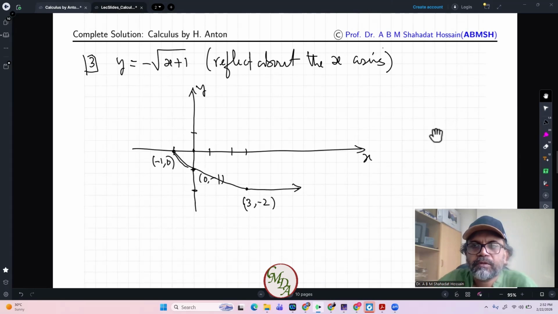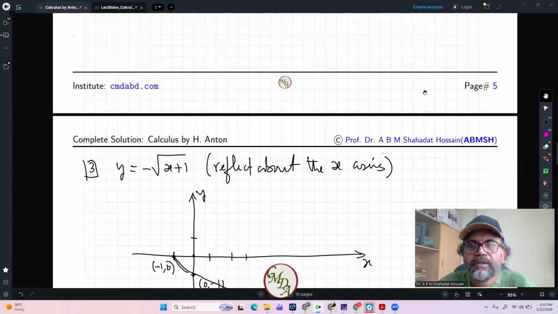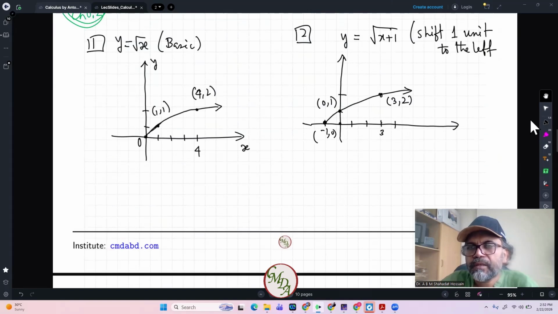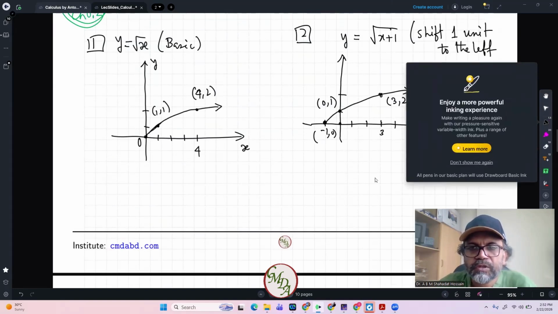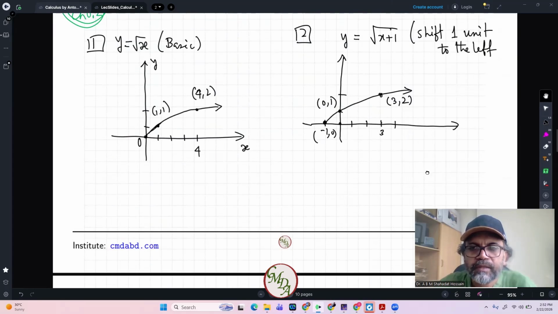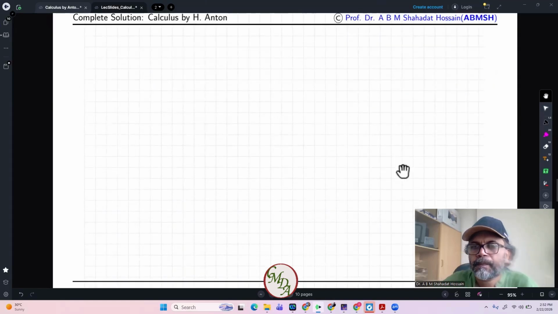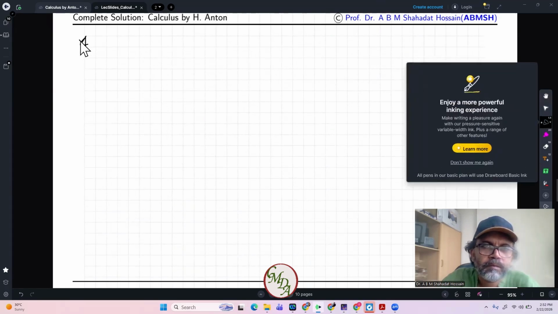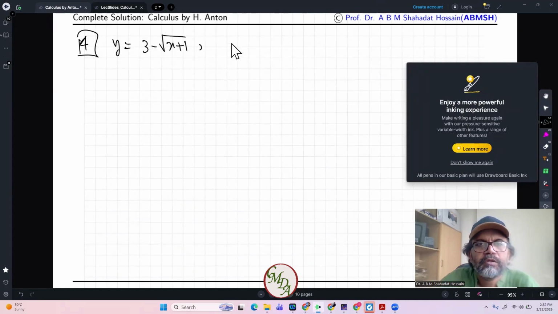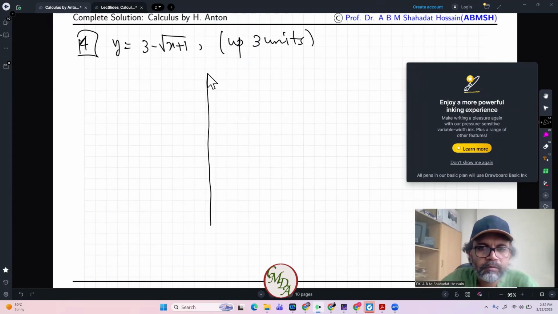And let's see how the domain and range are affected. We can discuss it, maybe later, after first drawing this graph. Now we need to add +3 to this. So, final stage: y equals 3 minus root over x plus 1. So up 3 units. This means we need to move the graph 3 units up.